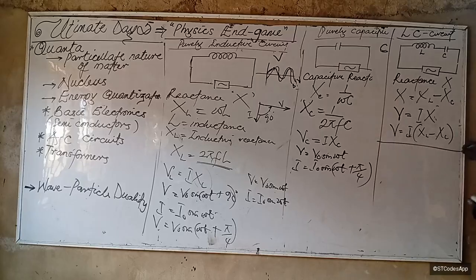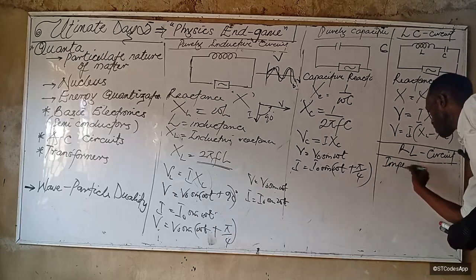Now, the other type of circuit we can have is the RL circuit. In an RL circuit, what do we have connected? The resistor and the inductor. Whenever you have a resistor with another component, we have an opposition called impedance.